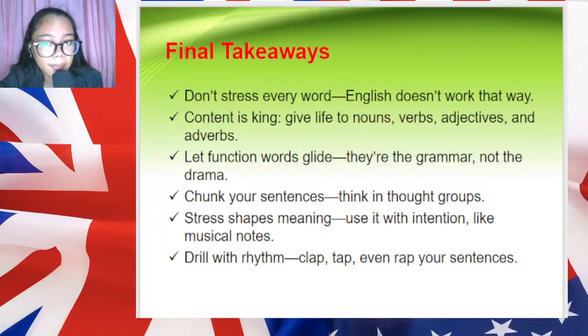So this means it relies on a consistent rhythm created by stressed syllables occurring at roughly regular intervals, with the unstressed syllables being compressed in between. So if you try to give equal emphasis to every single word, your speech won't sound natural at all. It will come across as monotonous, as I mentioned, stiff and even robotic.